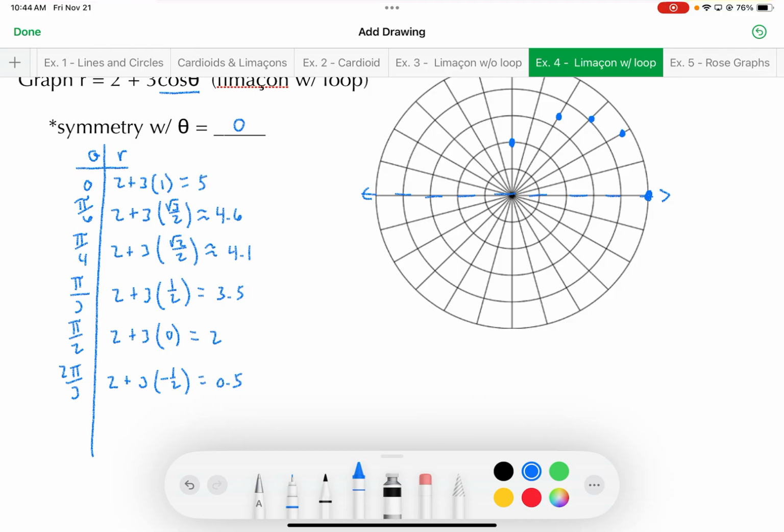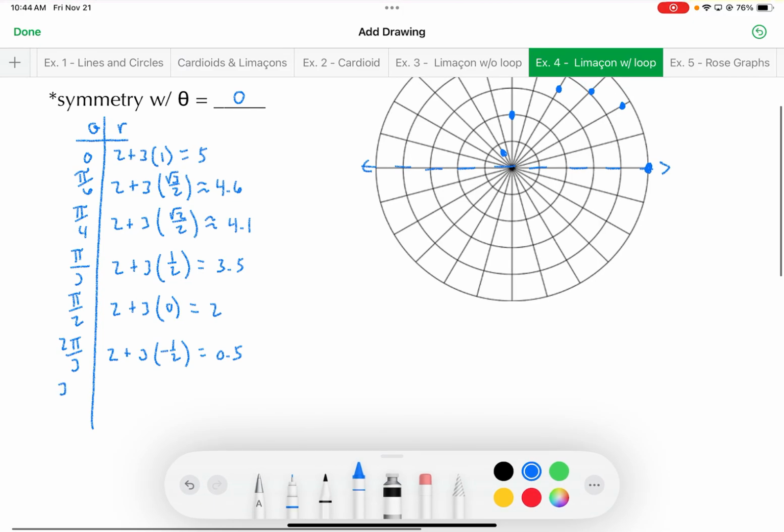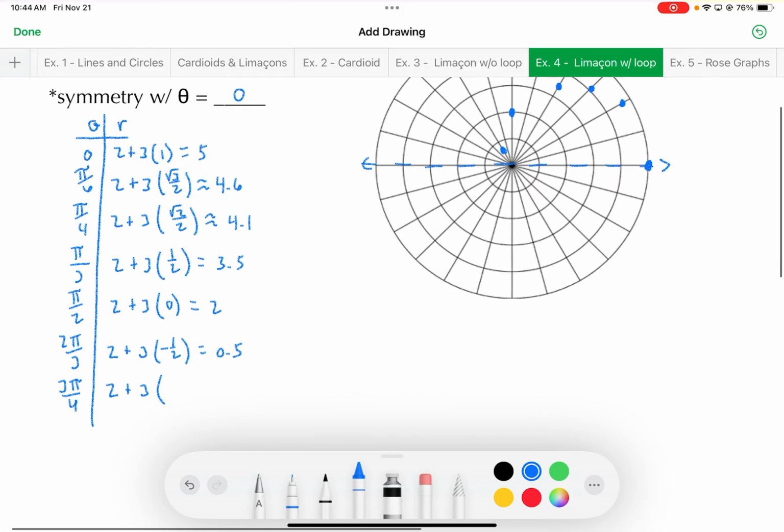So that's going to plot right there. And then let's do 3 pi over 4 next. The cosine of that is now negative radical 2 over 2. And here's where we'll start to see why we get the loop.